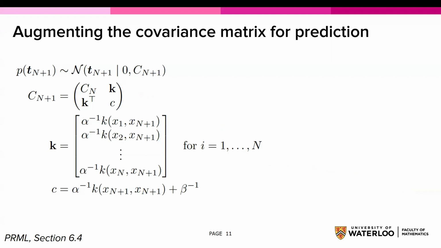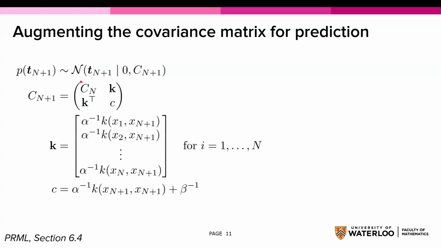The way we incorporate this test point is by augmenting the existing covariance matrix to account for the relationships between the test point and the training data. That results in a new, larger covariance matrix, C of n+1.